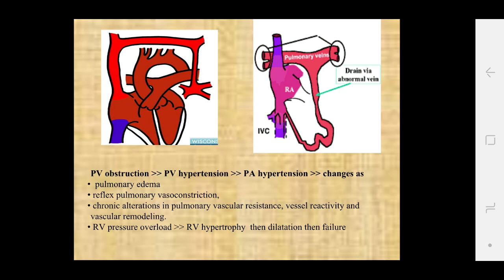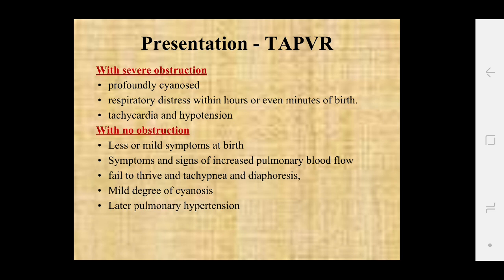At the end, this will increase pulmonary hypertension and make a burden on the right side of the heart, causing severe pulmonary hypertension and right ventricular pressure overload, right ventricular hypertrophy, then right ventricular dilatation, then failure.